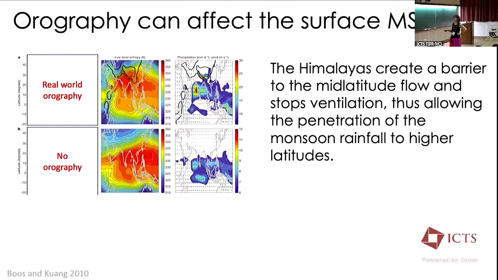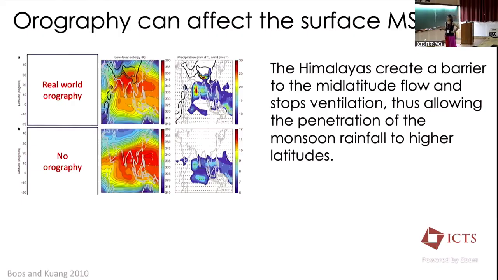If you take the orography completely out, right, now you see that this maximum in MSE that was hugging the mountains here is gone, okay? And the rain band doesn't make it to the Bay of Bengal, right? It stays farther south, right here.